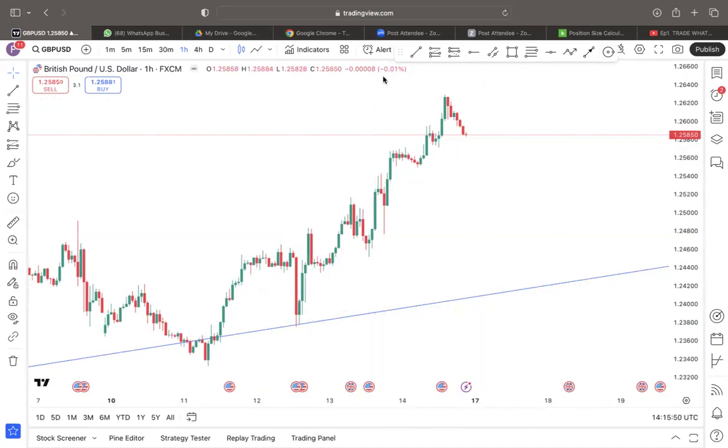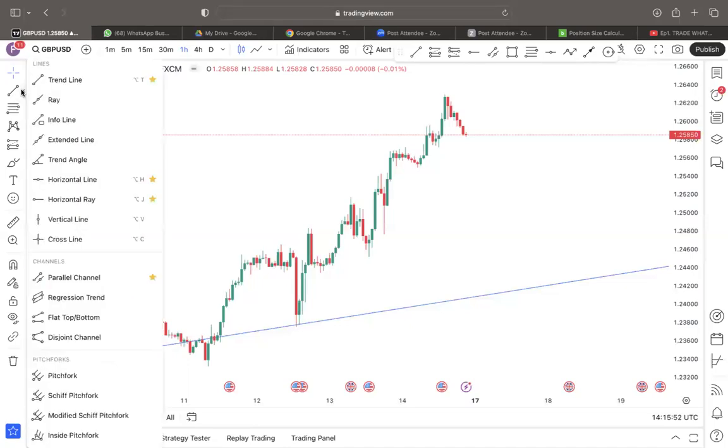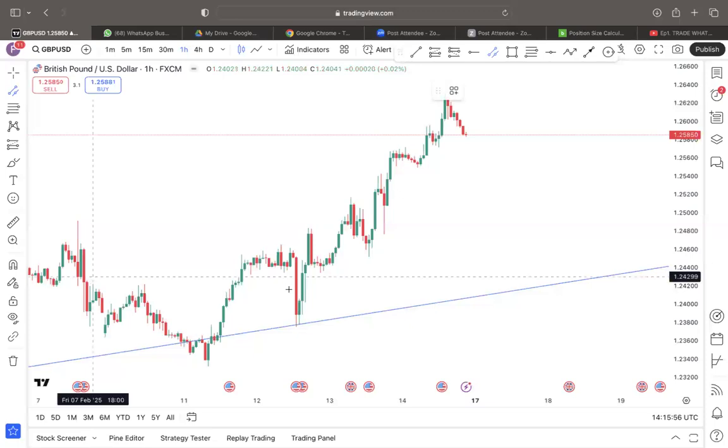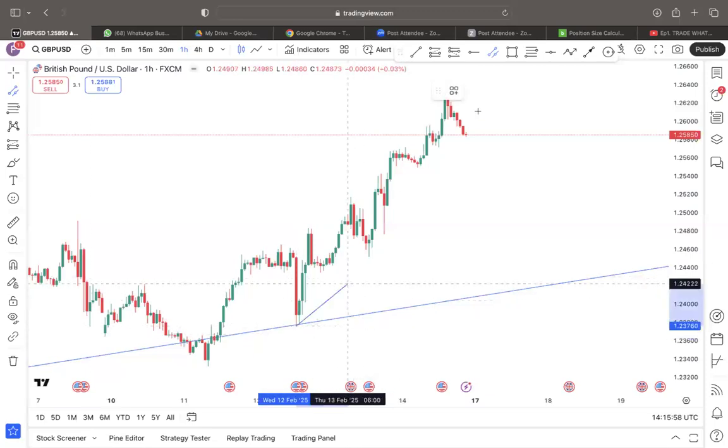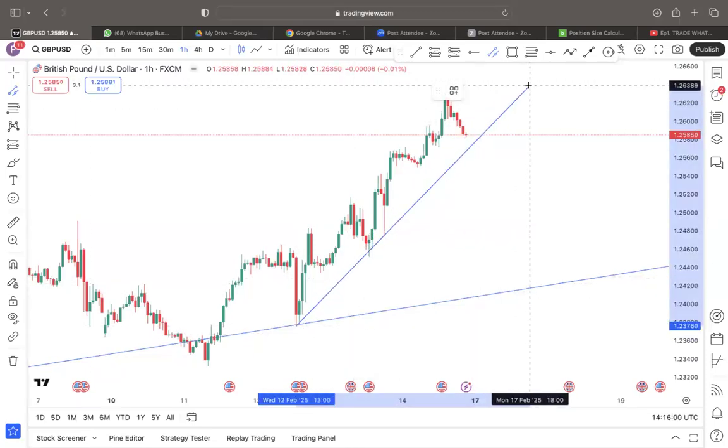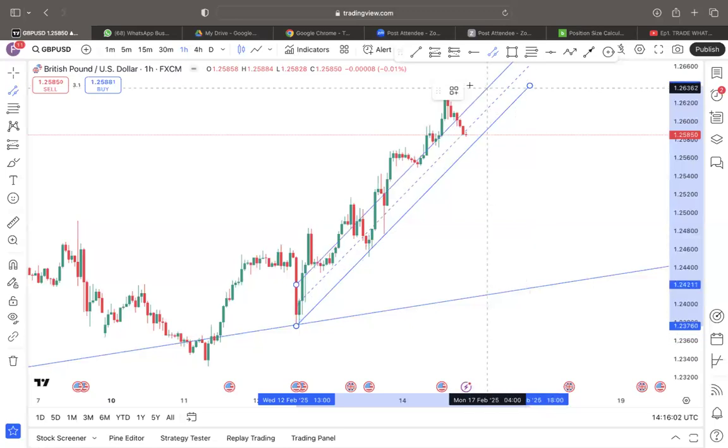So what do I mean by channel? Come to this area here. Then you see a parallel channel, this one here. So look at what I'm marking here.